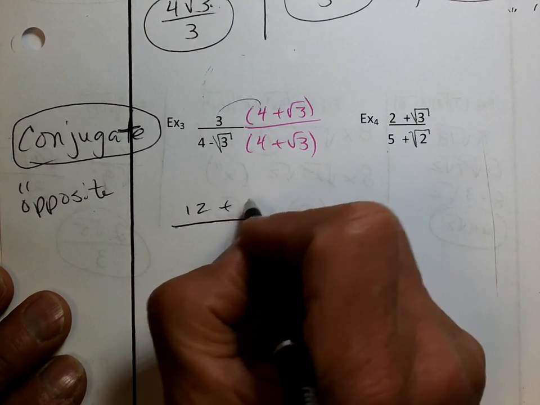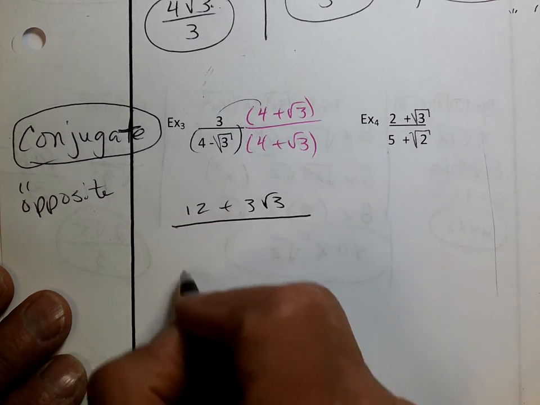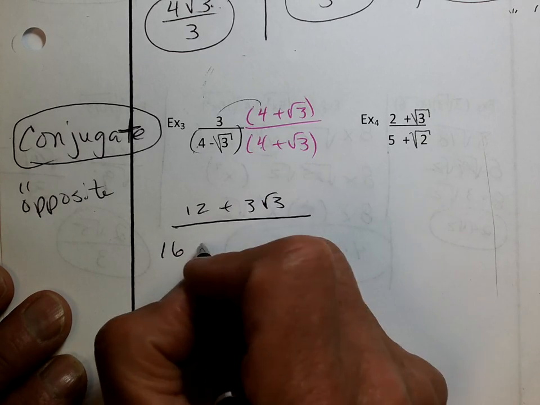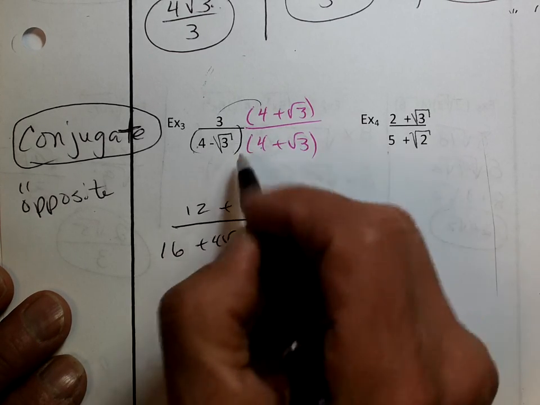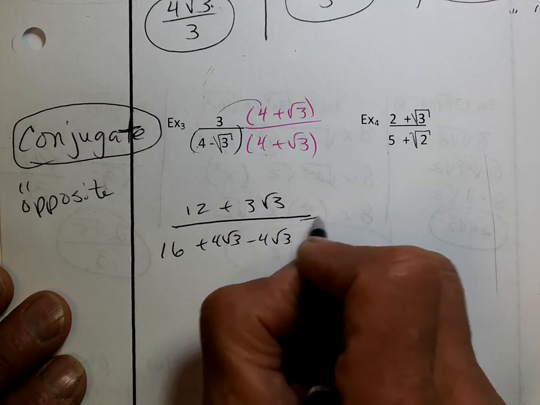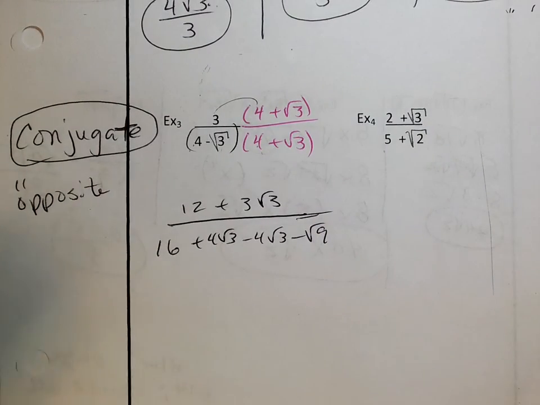12 plus 3 square roots of 3. I'll get a 16 plus a 4 square roots of 3, then minus a 4 square roots of 3, then minus a square root of 9. All right, now remember, our goal is to get rid of the square root in the bottom. Get rid of the square roots in the bottom.